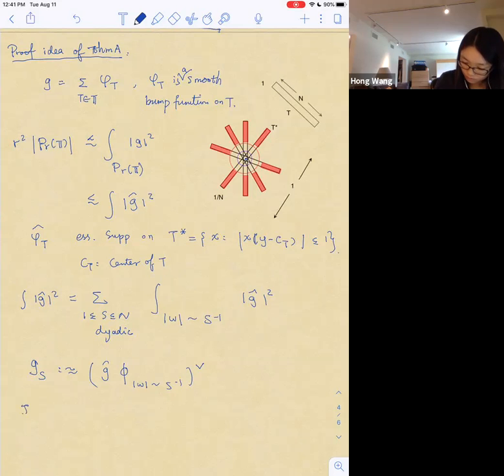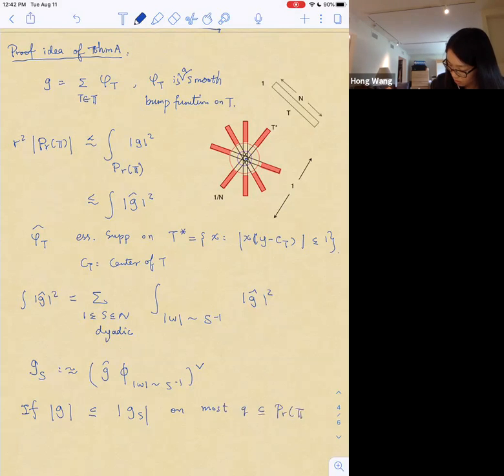Then if G is bounded by G_S on most unit balls in P_R(T), in the set of R-rich unit balls, it's an exercise for one to check that the pointwise bound condition holds.